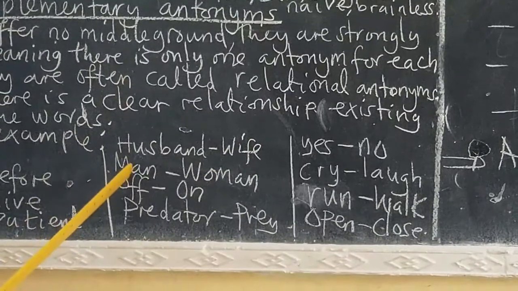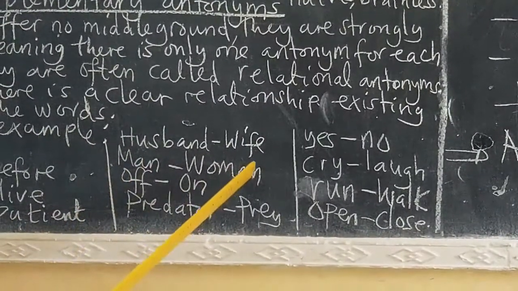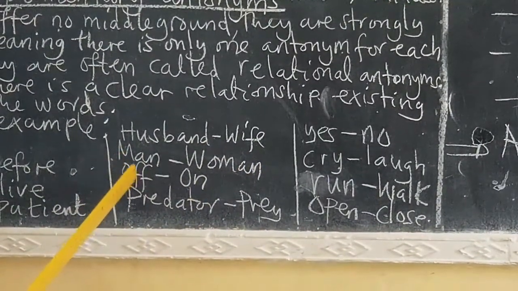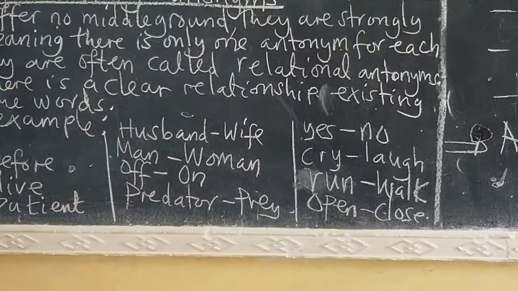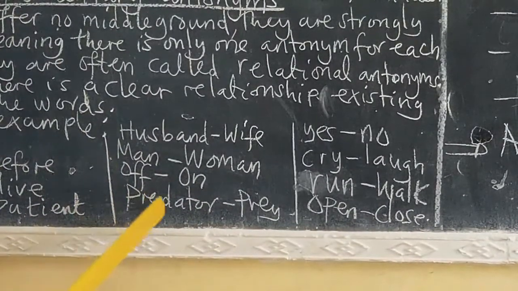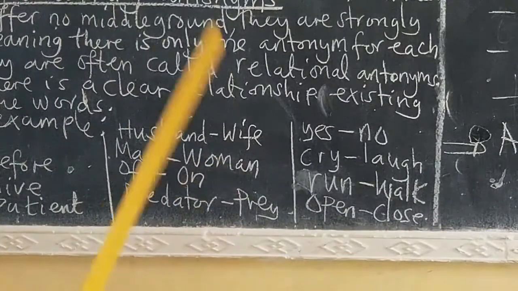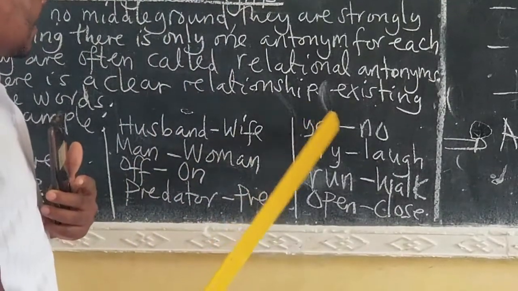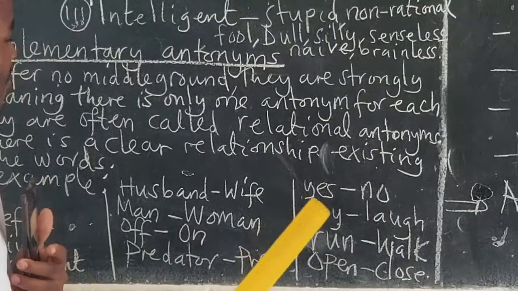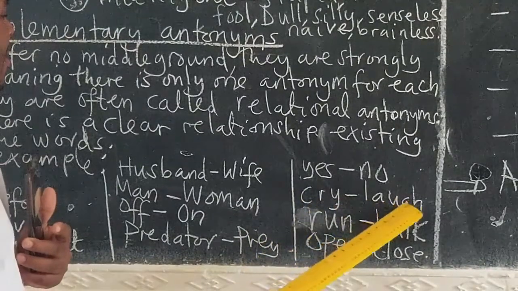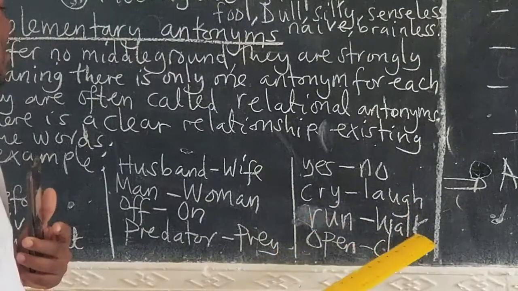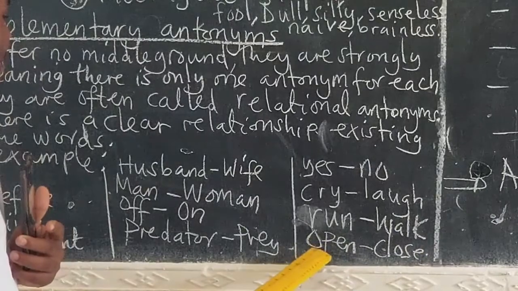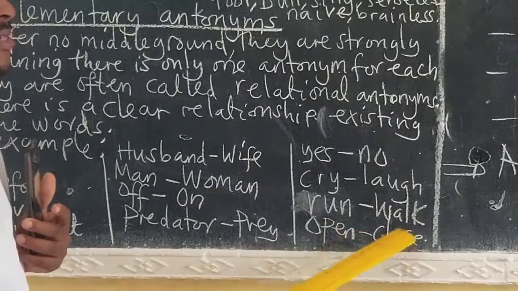We have the word man, the opposite is woman. We have the word off, the opposite is on. And we have predator, the opposite is prey. We have the word yes, the opposite is no. We have the word cry, the opposite is laugh. We have the word run, the opposite is walk. We have open, the opposite is close.